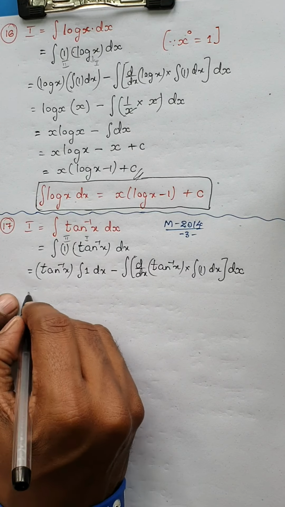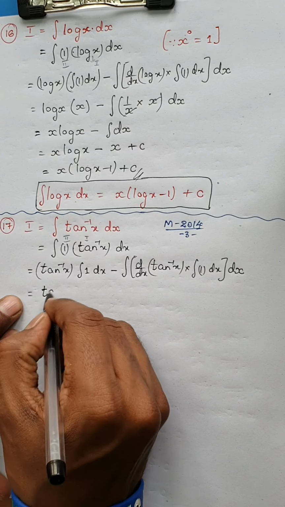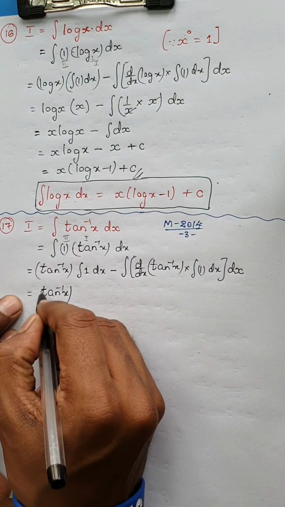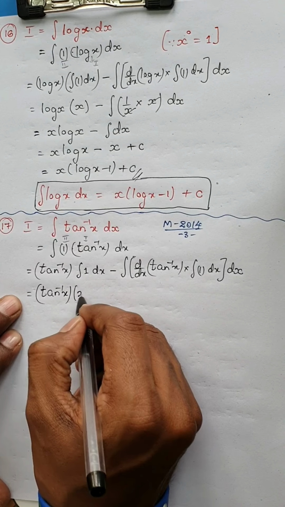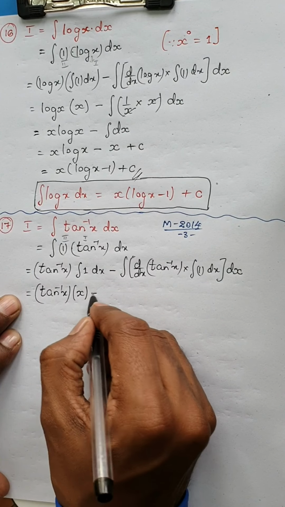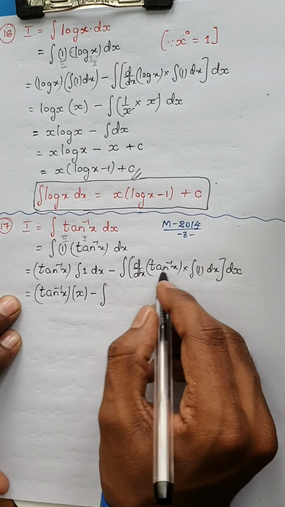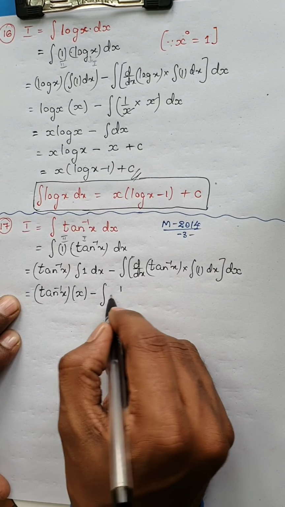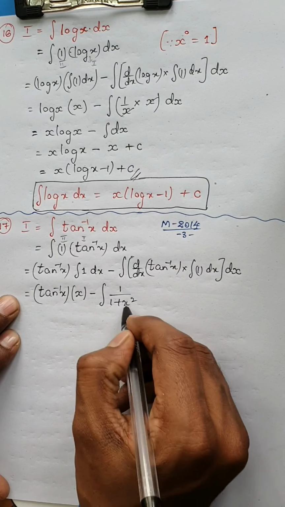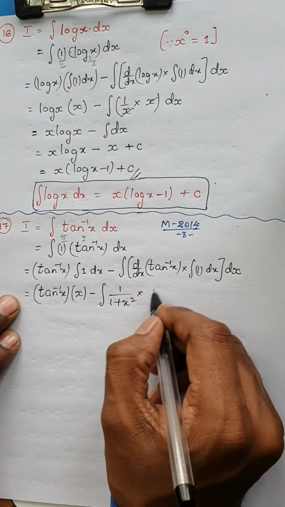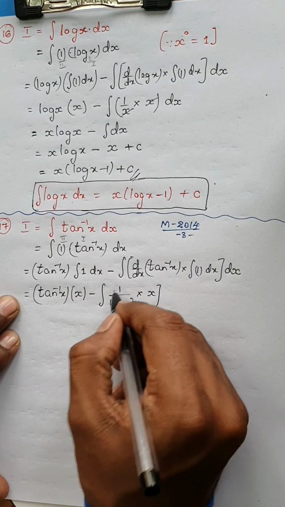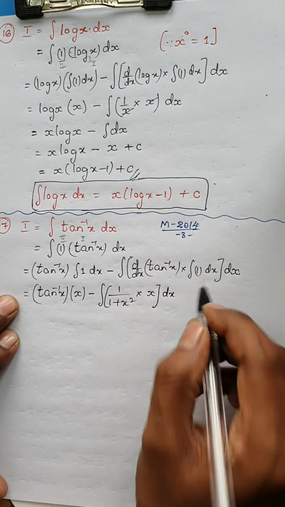See what happens. This is tan inverse x into x, since we know the integral of 1 is x, minus the integral of the derivative of tan inverse x, which we all know is 1 divided by 1 plus x square, into x dx.